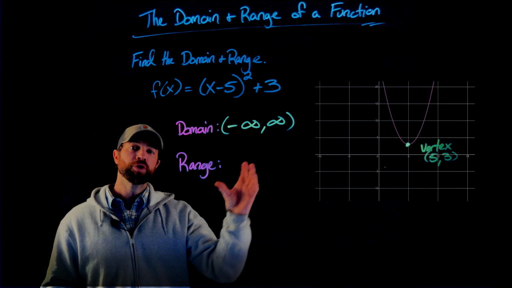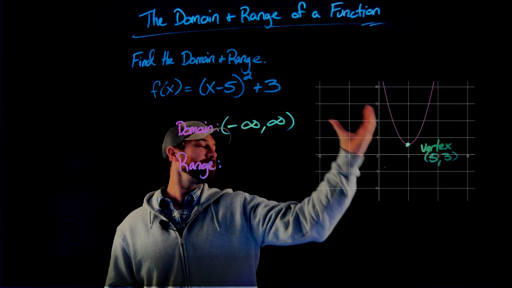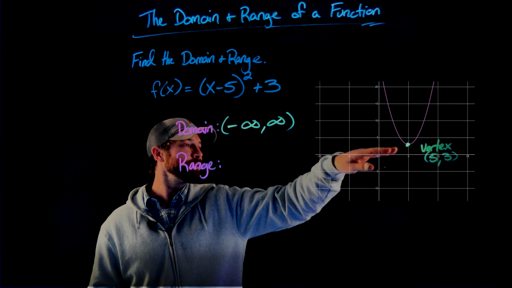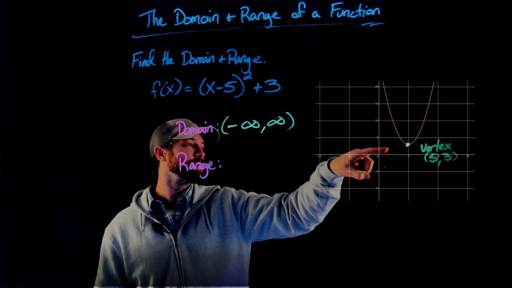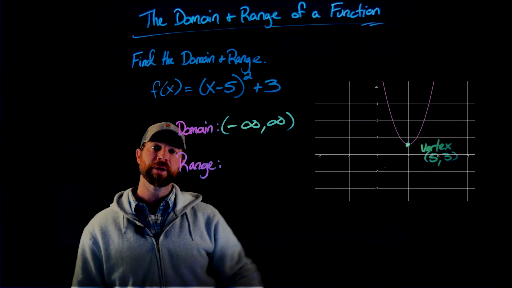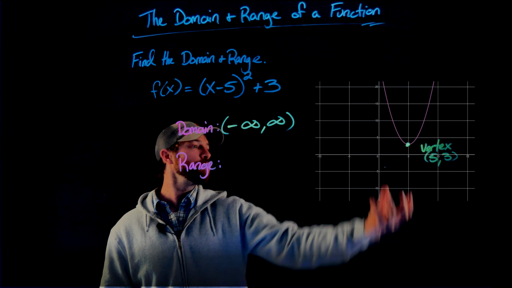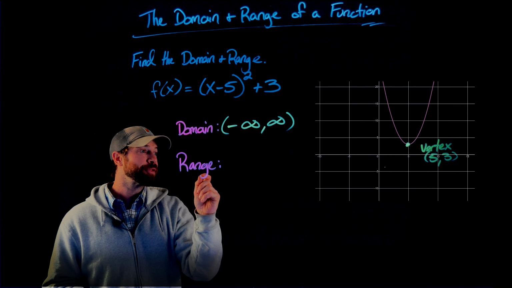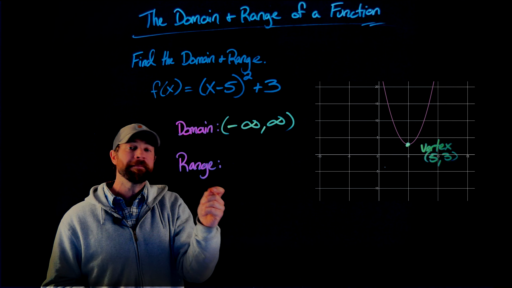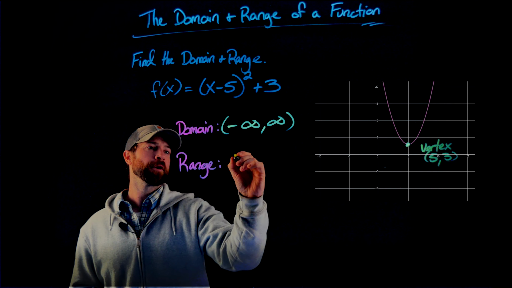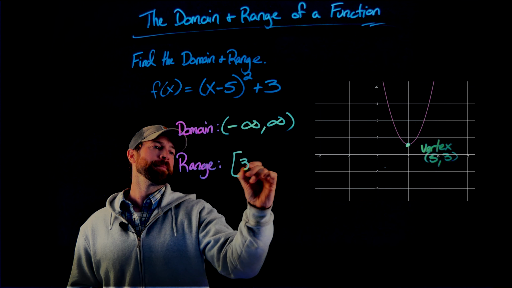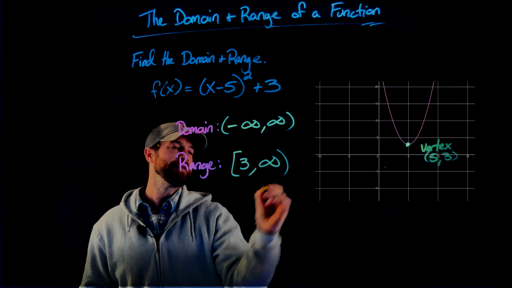Graphically speaking, you'll notice that this graph, as it faces upward, does not cover anything less than an output of 3, or a height of 3. Along the y-axis or the output axis, there's no graph down here. That 3 represents the minimum value that may be output by this function. The range, therefore, for this function is from 3 to infinity.